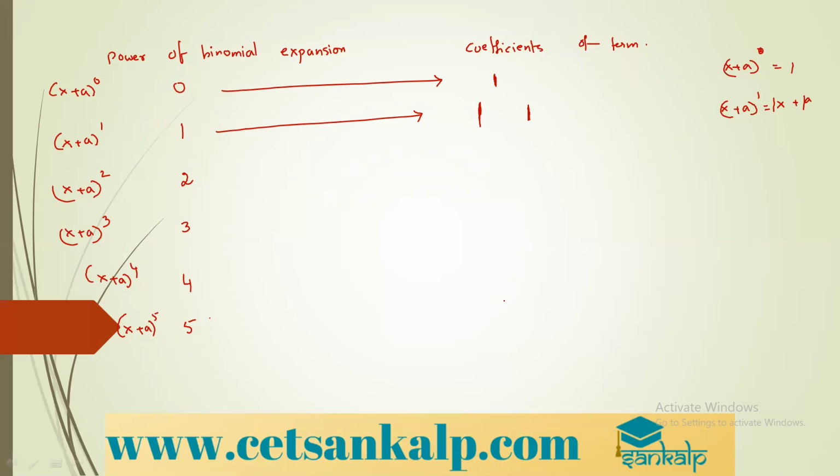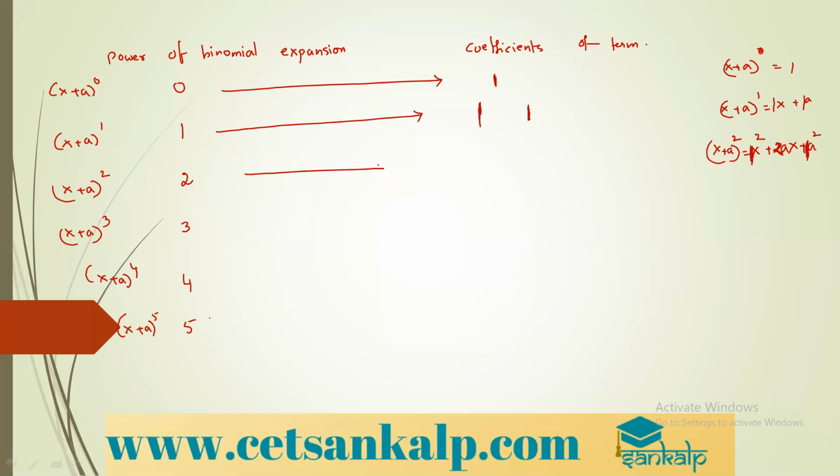Suppose it is x plus a whole square. When you take x plus a whole square, you will have x square plus 2ax plus a square. See, the coefficient of first term is 1. Coefficient of the second term is 2. Coefficient of the third term is 1.